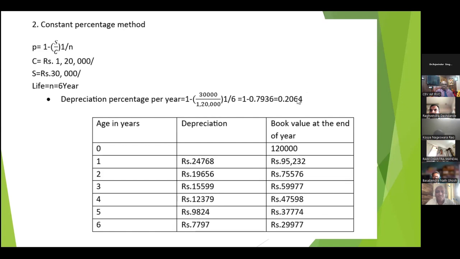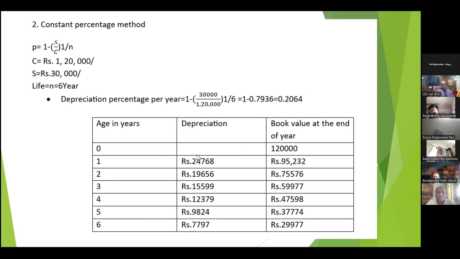Now see how this formula will work internally. This is just to make things clear. See, at the start, the 0 year value is 1,20,000. So now depreciation will be applied on 1,20,000 with the percentage as 0.2064.